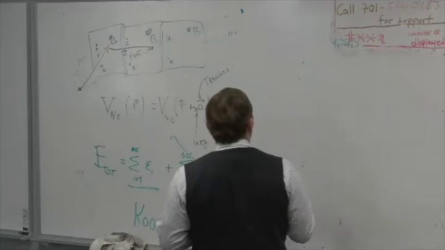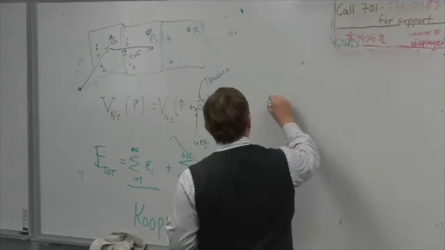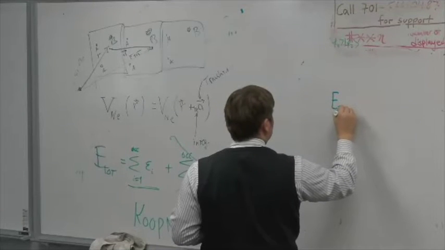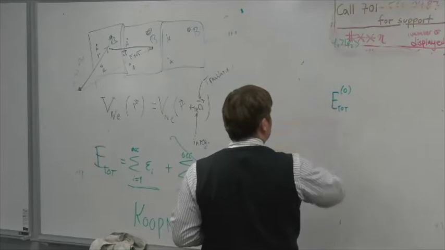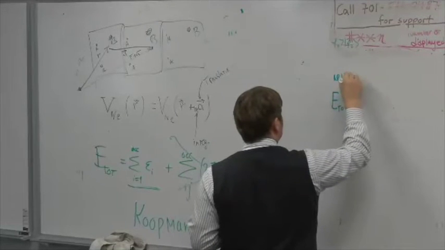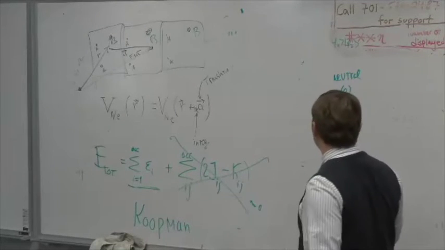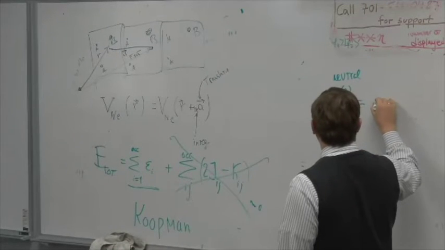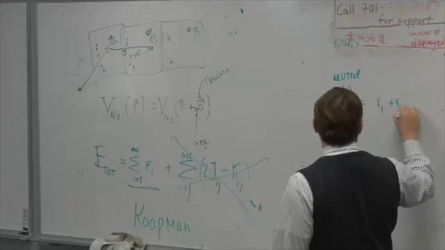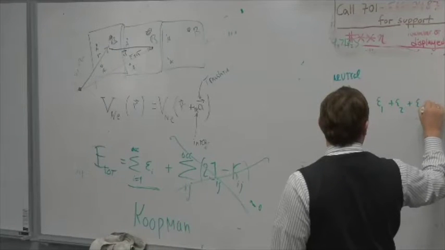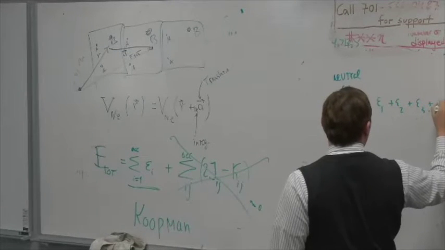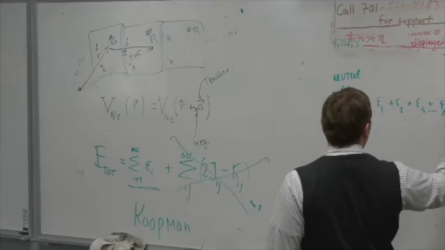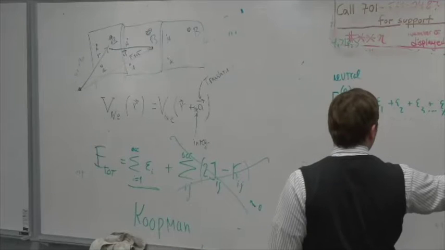So, what will be the total energy of a neutral molecule? It will be E1, E2, E3, E HOMO minus 1, E HOMO.